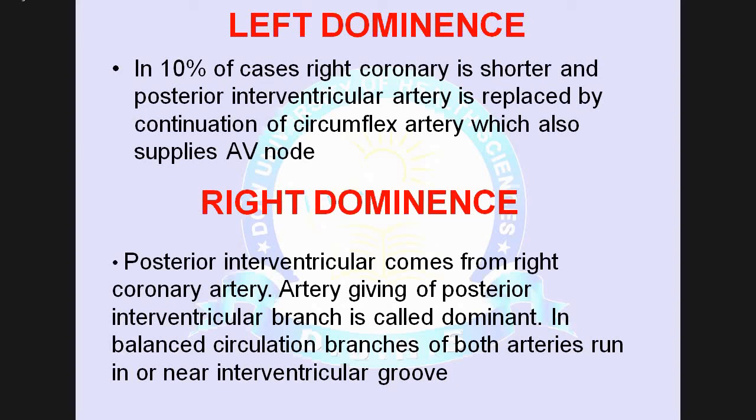That also happens when the right coronary artery, in 10% of the cases, is shorter, and the posterior interventricular artery, which is a branch of the right coronary, is replaced by the circumflex artery supplying the AV node. And the right dominance is, of course, when the right coronary artery supplies the SA node, giving off the posterior interventricular branch, and thereby causing it to be dominant.